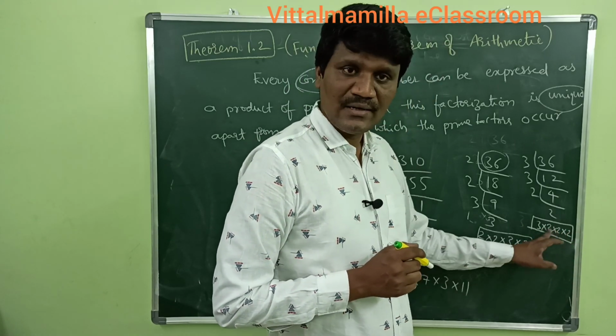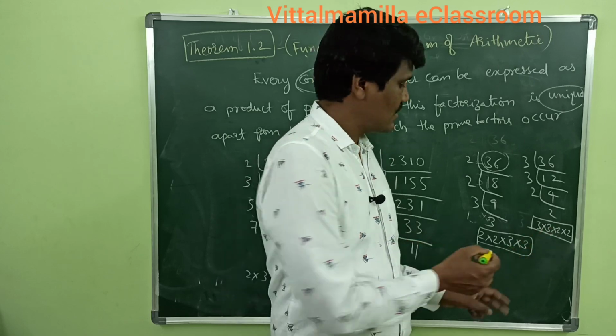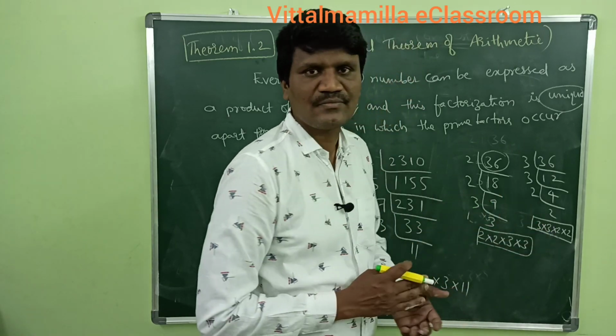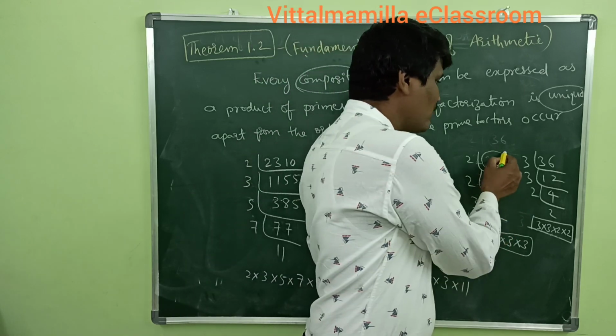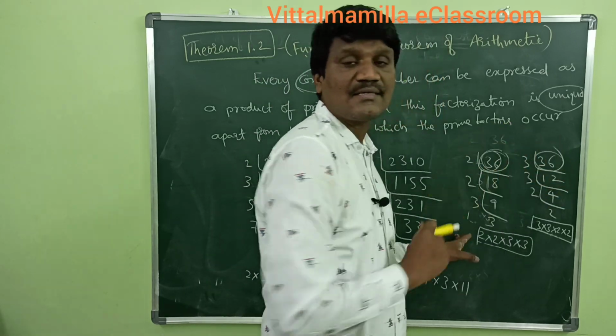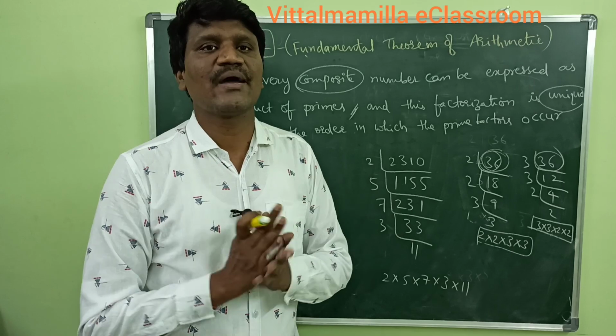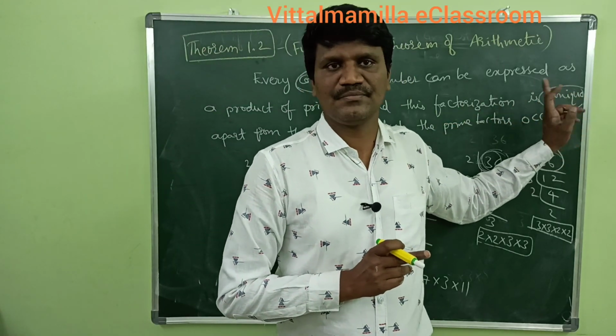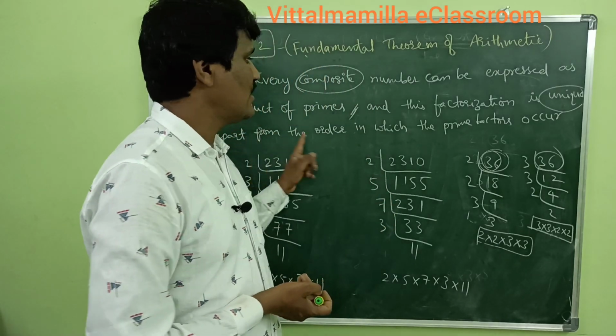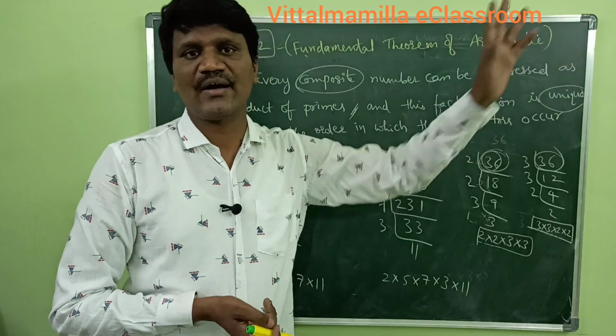Both are the same, the only difference is the order. Because in multiplication order doesn't matter, every composite number can be written as a product of prime numbers, and this factorization is unique apart from the order in which the prime factors occur.